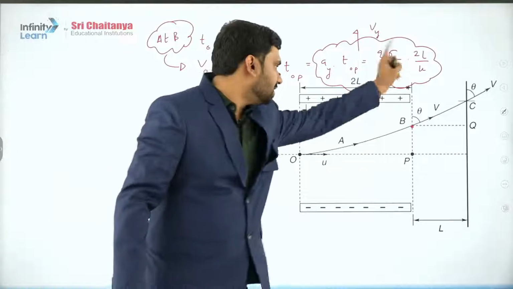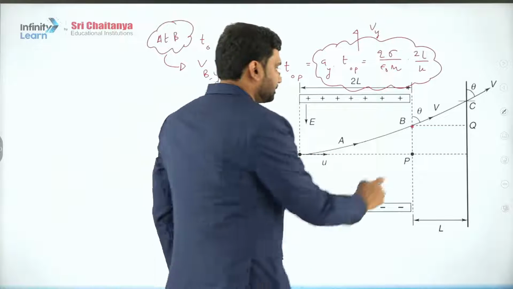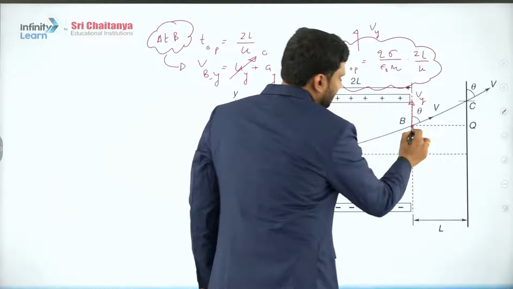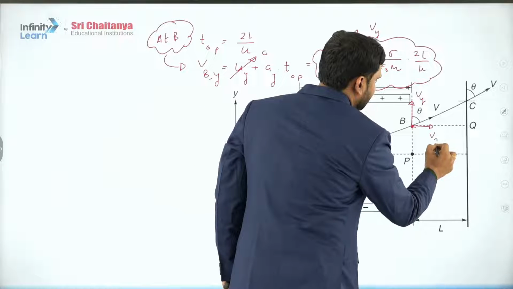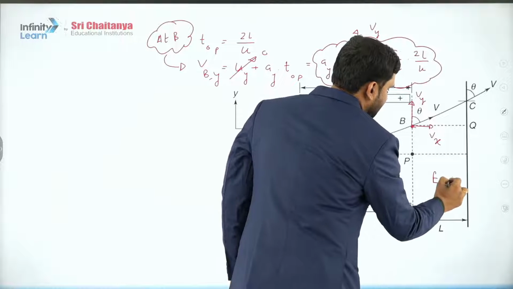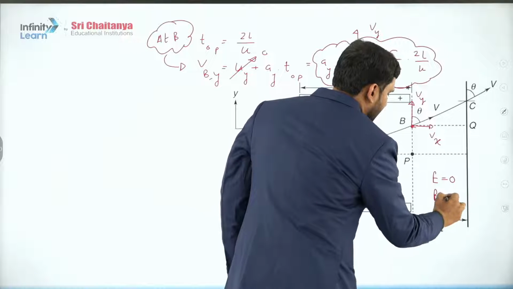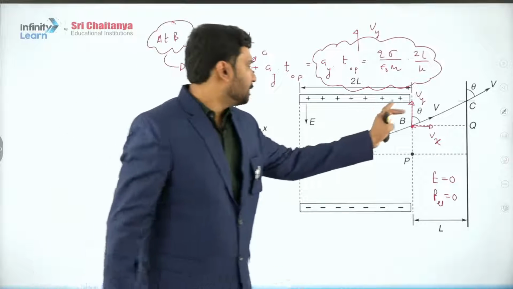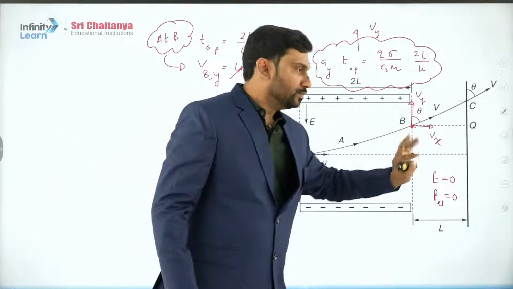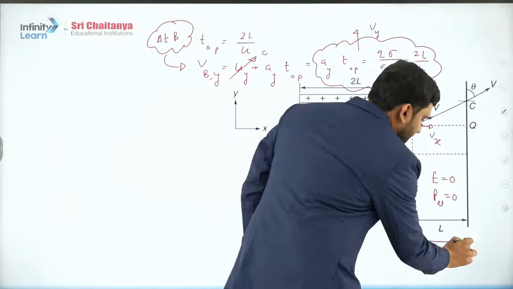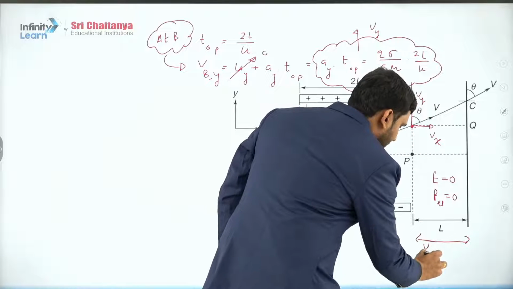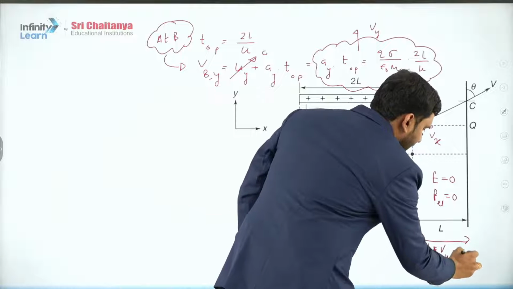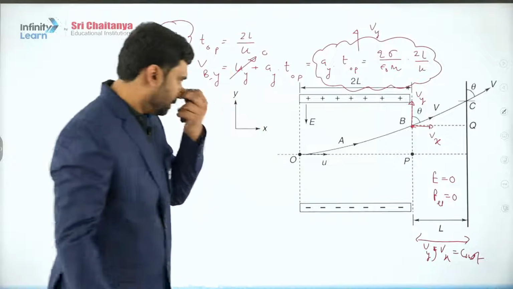So the moment we got the value of Vy, now you check here. This is Vy, this is Vx, and in this particular space E equal to 0, so F electrostatic equal to 0. Gravity anyway is absent, so from B to Q in this particular region, Vy and Vx both are constant.